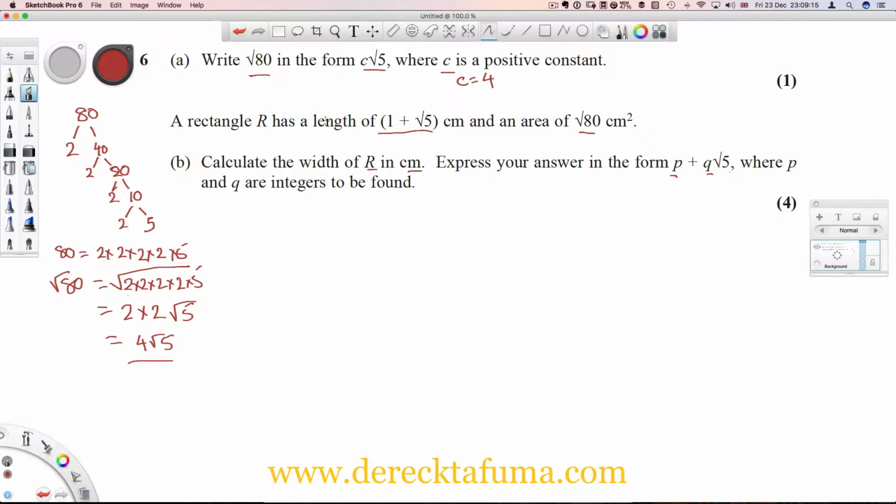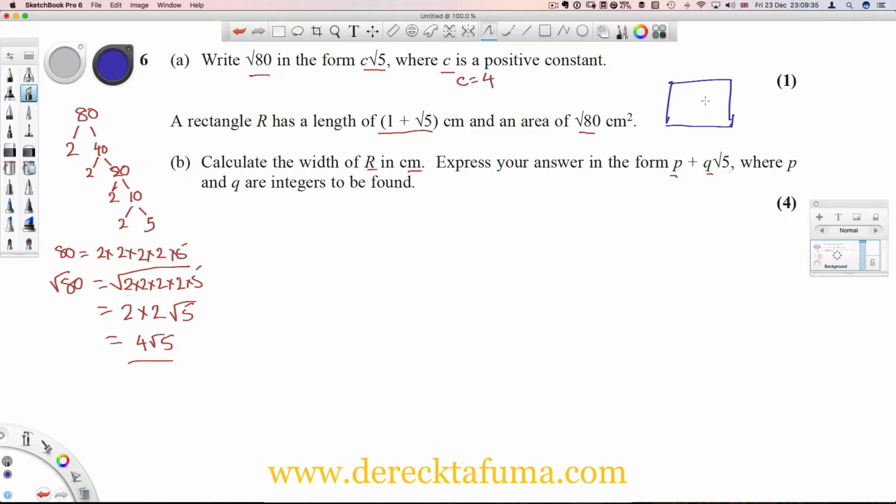Okay. Now we've got this situation where they tell us that a rectangle, so if you can imagine a rectangle is something like that.